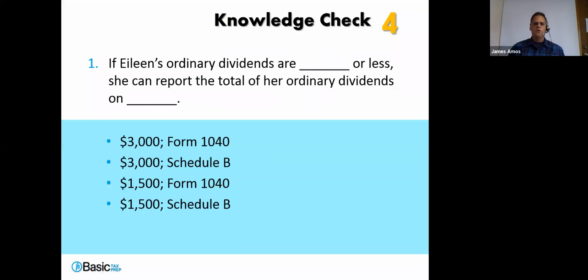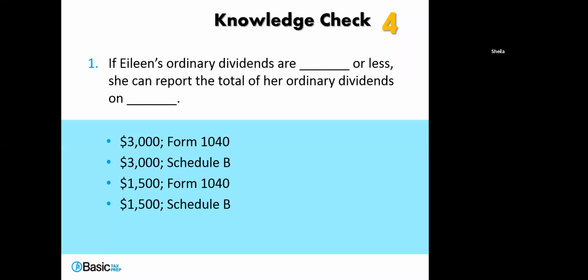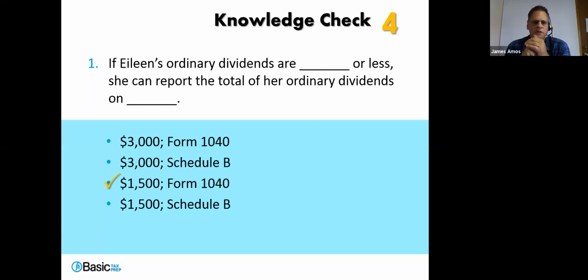So if Eileen's ordinary dividends are blank or less, she can report the total amount of ordinary dividends on blank. Which answer is correct? C. That's right, C. $1,500 or less, she can report it directly on the Form 1040.